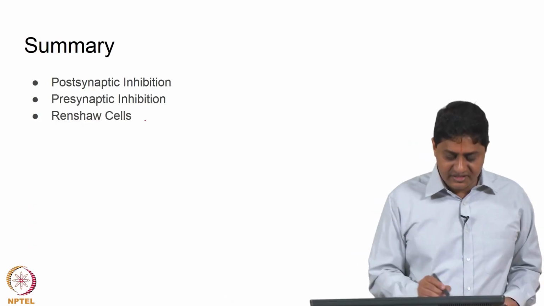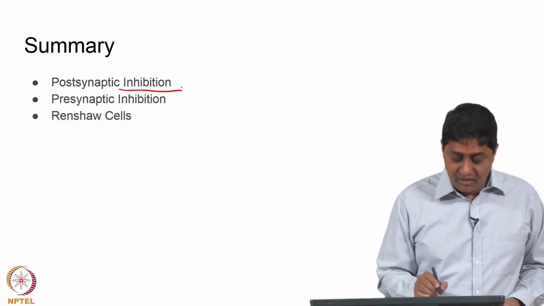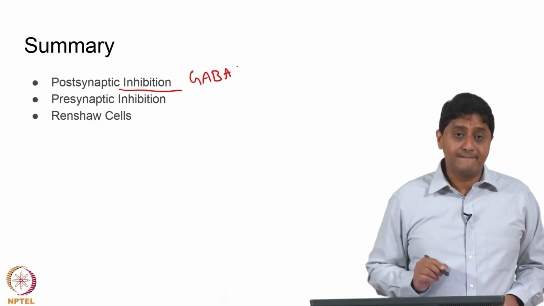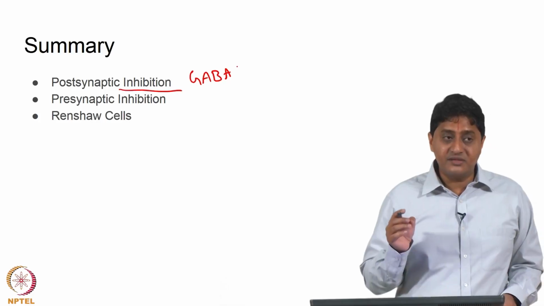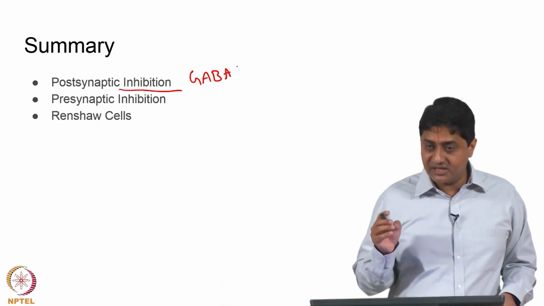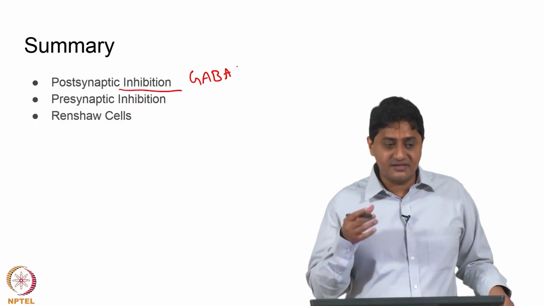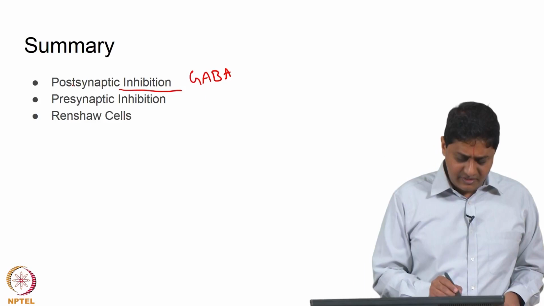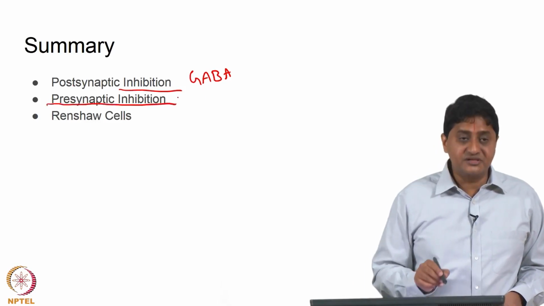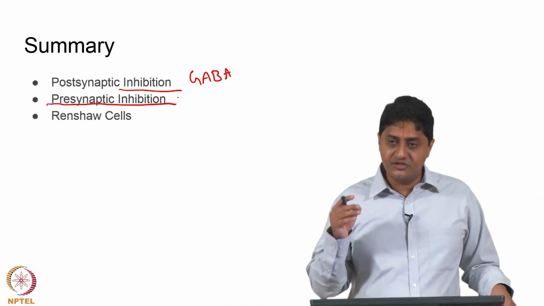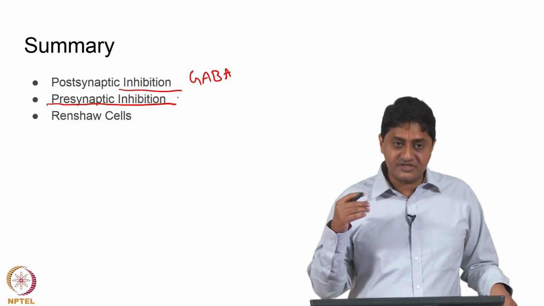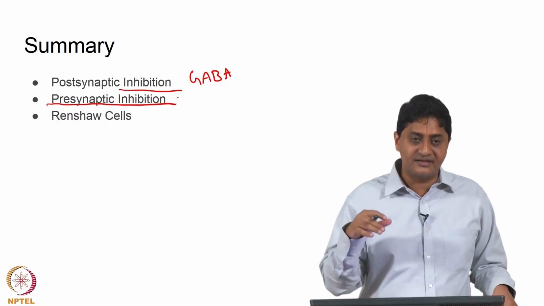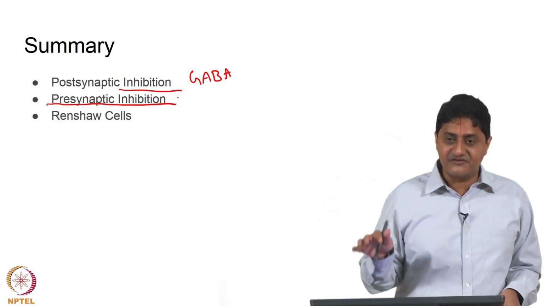So, what we have seen is a particular case of inhibition that is caused due to chemicals such as GABA, mediated by postsynaptic channels that open because they are sensitive to this chemical. This is called postsynaptic inhibition. Then there is inhibition caused due to an excitation, ensuring that the calcium channels are already open, or the peak to peak difference remains sufficiently small that the amount of neurotransmitter release is small.